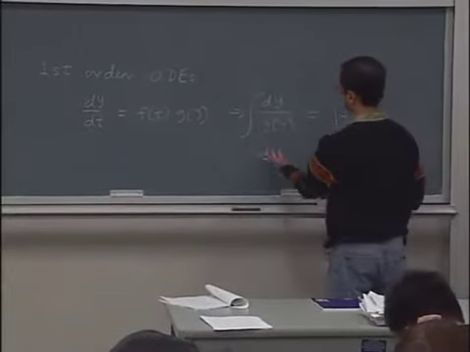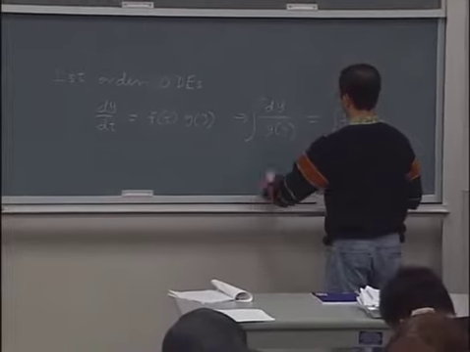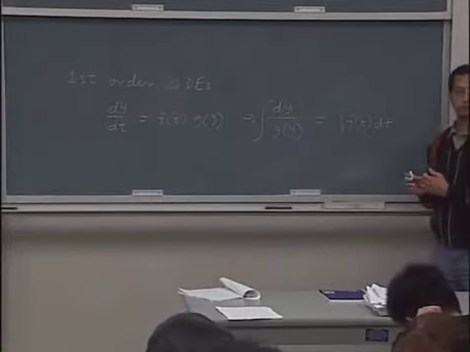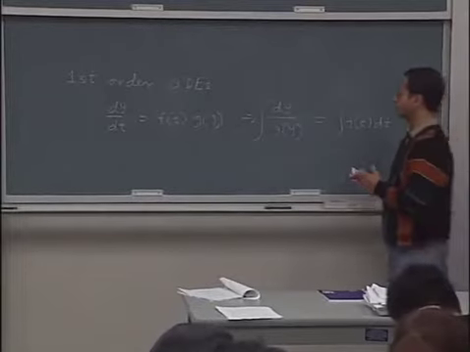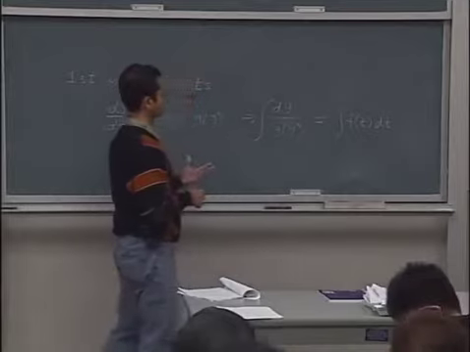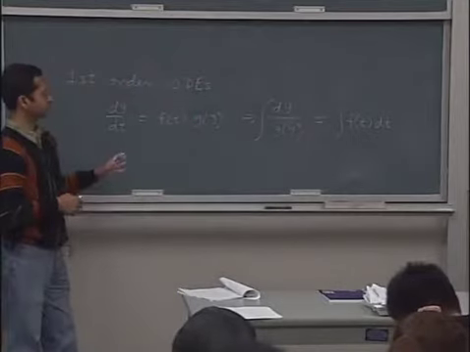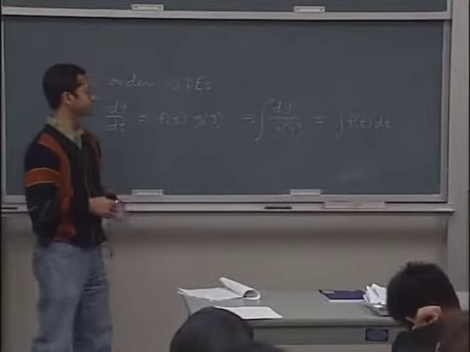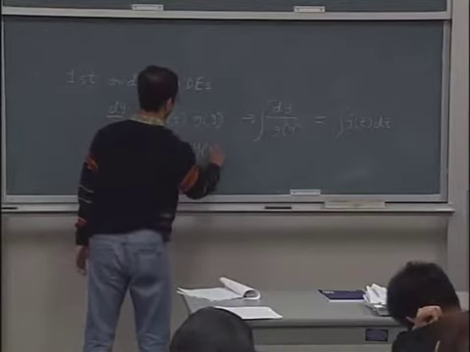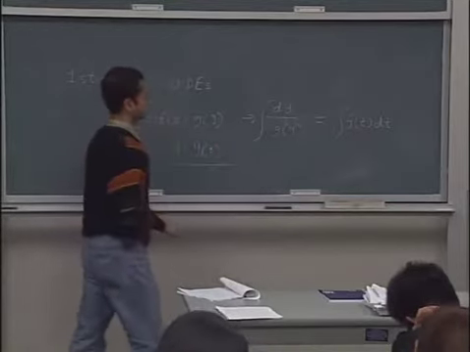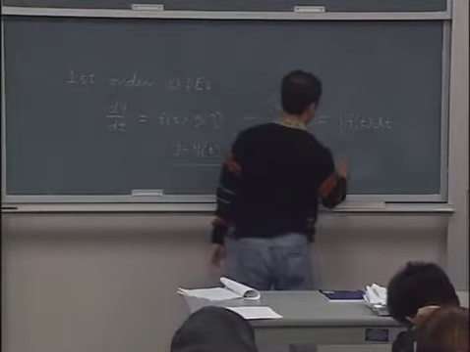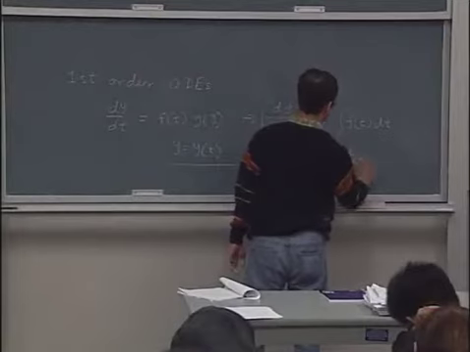Now on the left side you have only a function of y, on the right side you have only a function of time. So if g(y) is of suitable form, in principle, you can directly integrate both sides and get the solution y equals y(t).